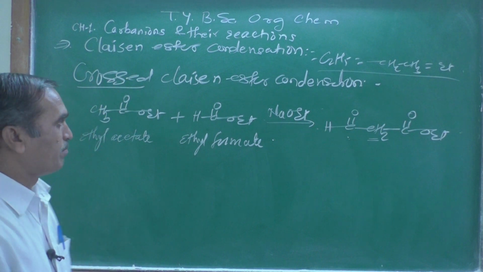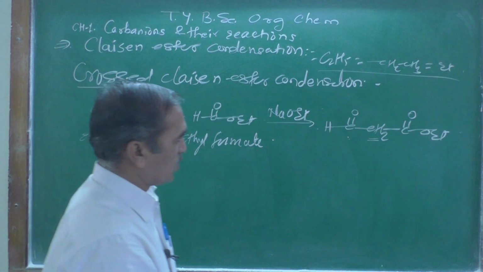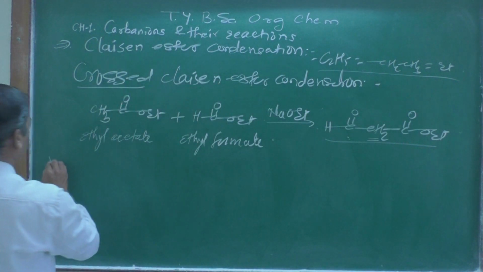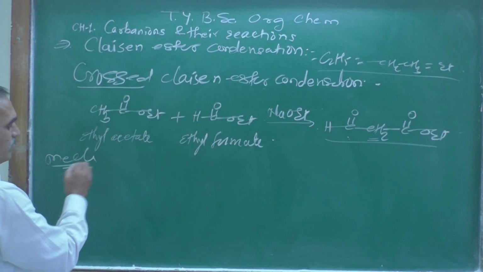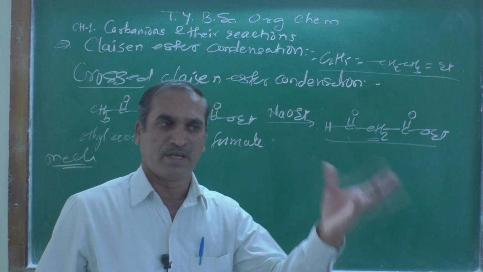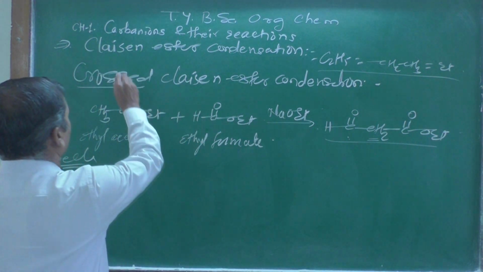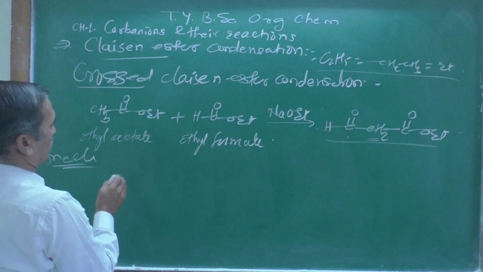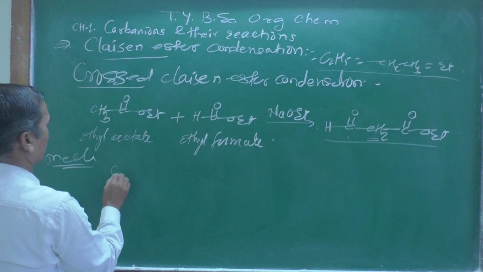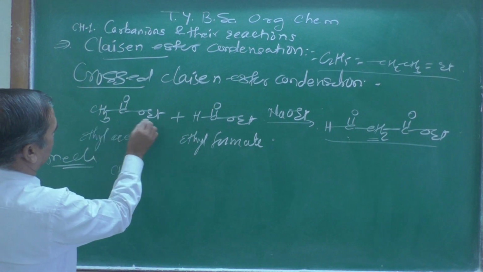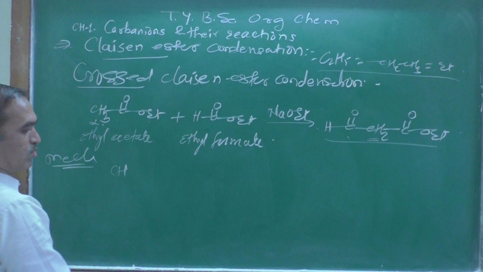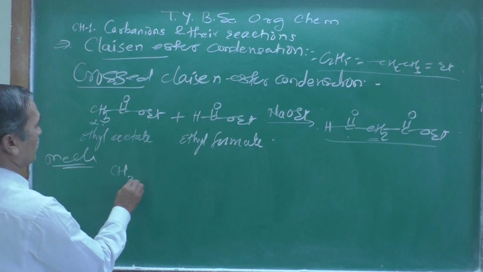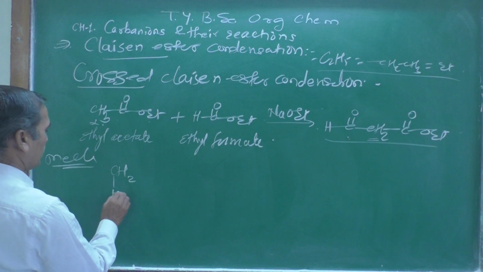Now let us see the mechanism, because we don't yet know how we are getting this type of compound. Yesterday we saw the mechanism for the simple Claisen ester condensation. But here, this ethyl acetate has alpha hydrogen atoms, which are required for the generation of the carbanion.